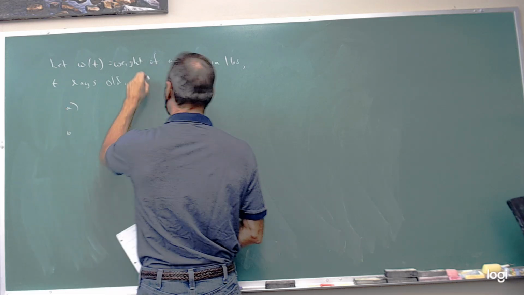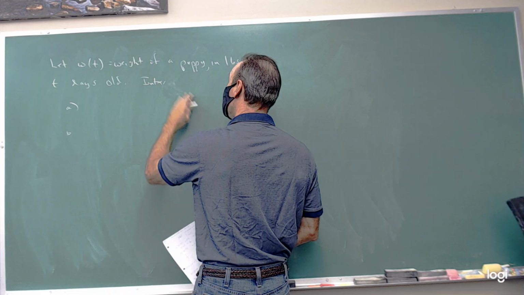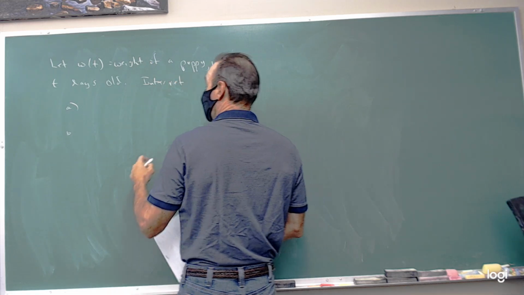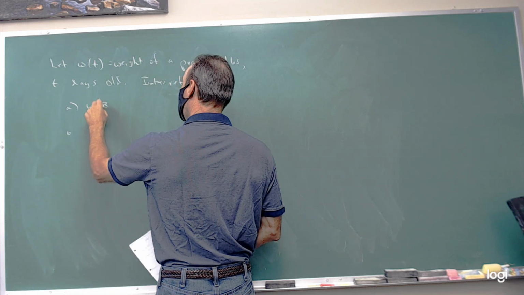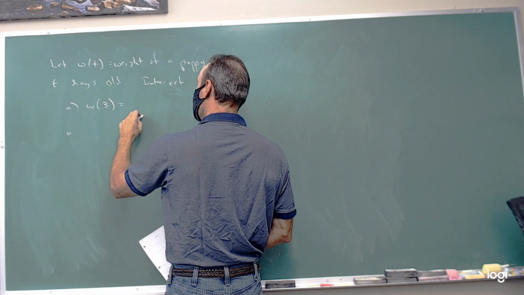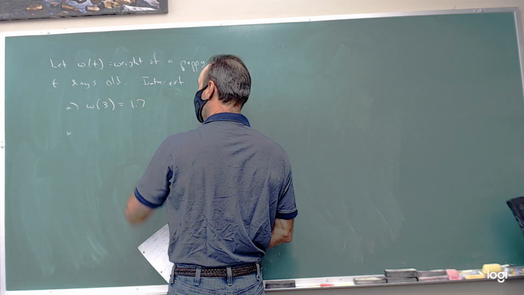Okay, can you interpret in the context of this problem, what does it mean if we say that w of 3 is equal to, say, 1.7?